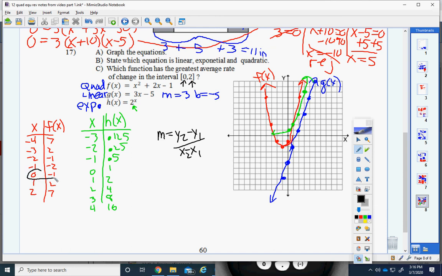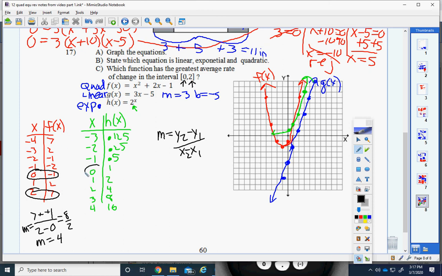The x value is a 0, and the x value is a 2. So I'll do 7 minus negative 1 over 2 minus 0. So this is 8 over 2. This rate of change is 4 over the interval 0 to 2 for function f.